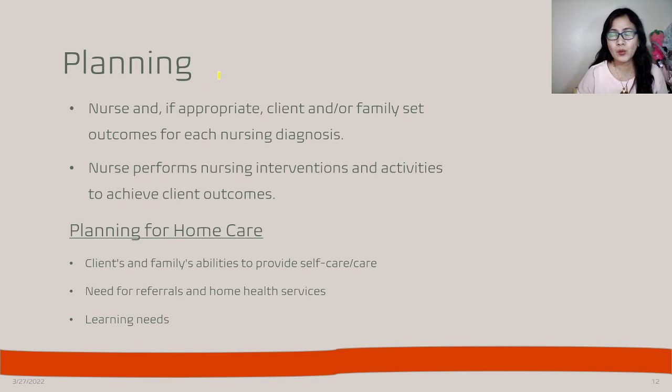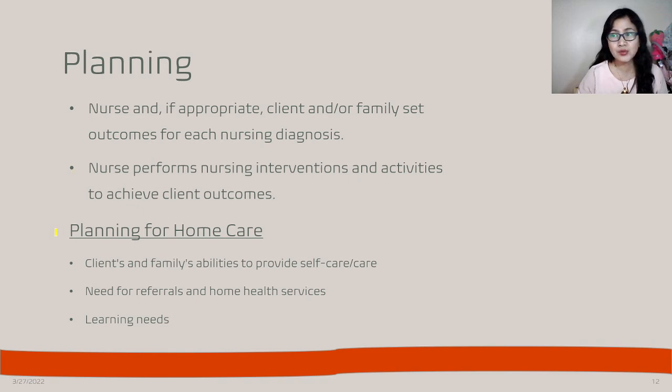In doing the planning, the nurse and, if appropriate, the client, if the client can participate, or the family, set outcomes for each nursing diagnosis. The nurse now performs the nursing interventions and activities to achieve the client's outcomes.